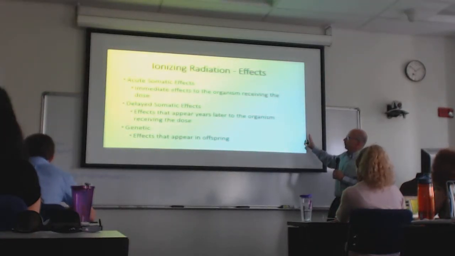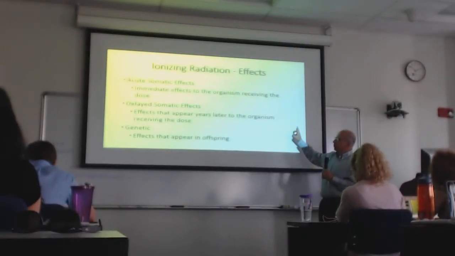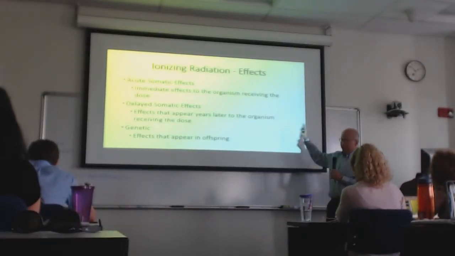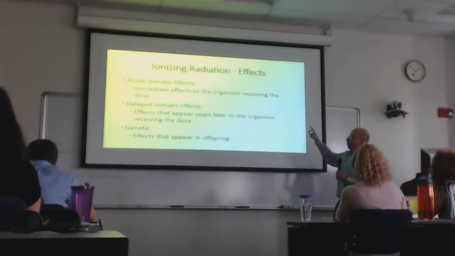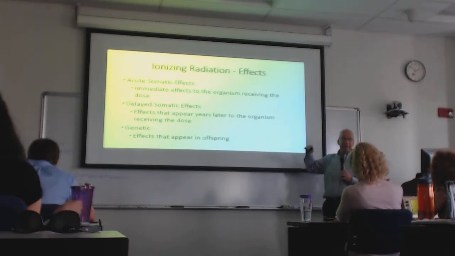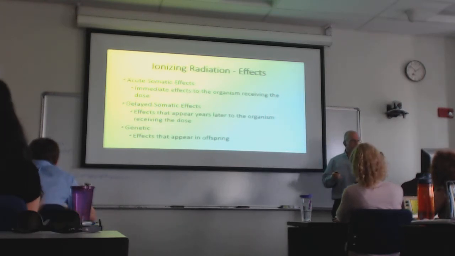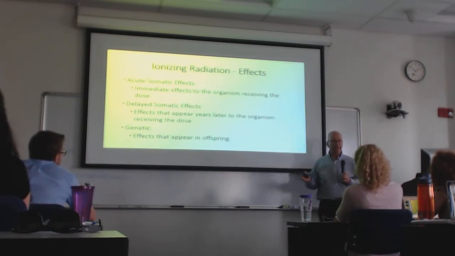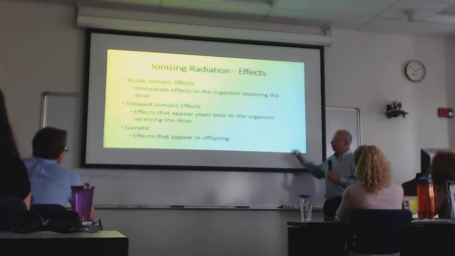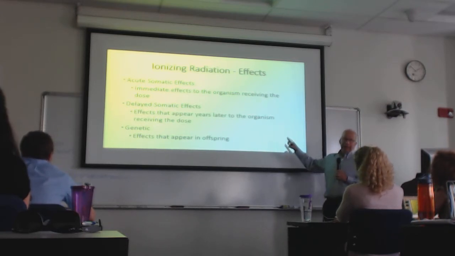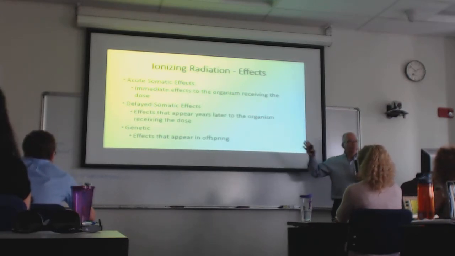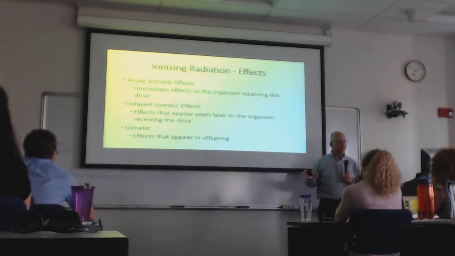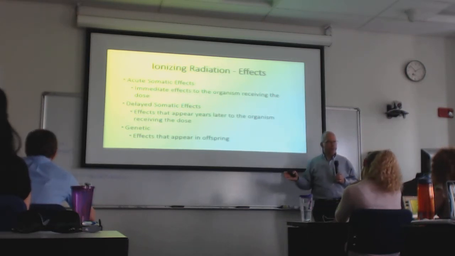So the effects of ionizing radiation are the acute somatic effects, which are the immediate effects to the organism receiving the dose. That would be the guy who was standing in Chernobyl when the thing went boom, and he's done. He was unprotected, and he's not going to survive. There are the delayed somatic effects, like the people who might have been 20 miles from downtown Hiroshima in 1945.